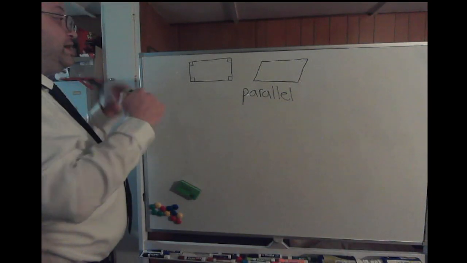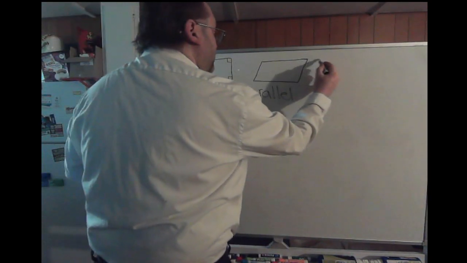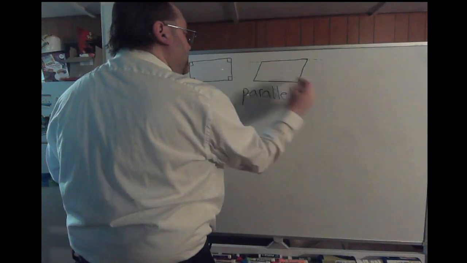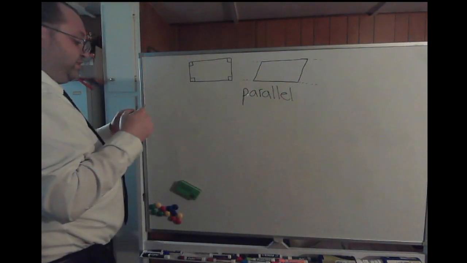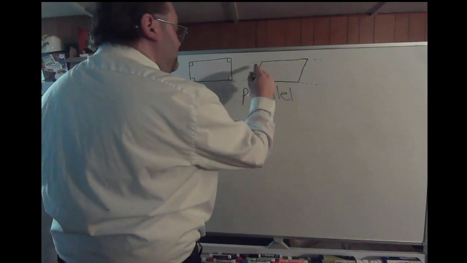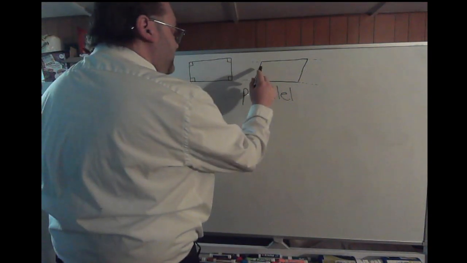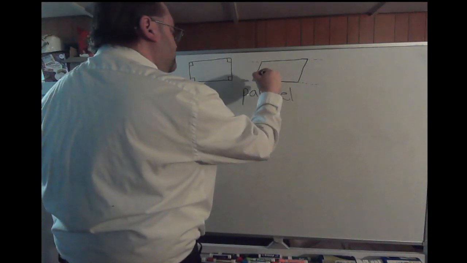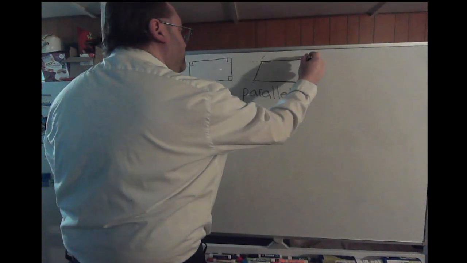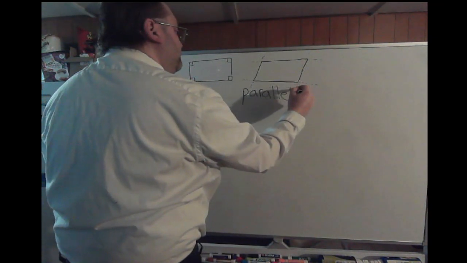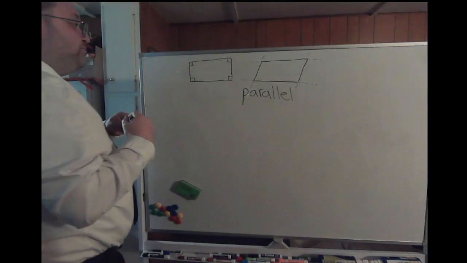They just keep going on to infinity. You could draw both lines out to infinity, and they would never touch. Same with the other two sides here. These two sides are parallel to each other. You keep going to all infinity, and you would find that they never intersect.